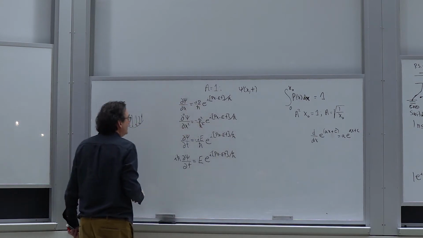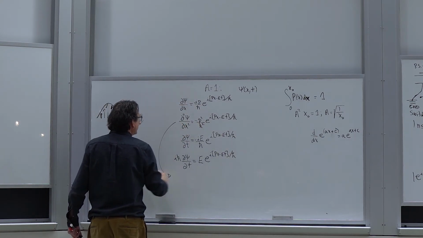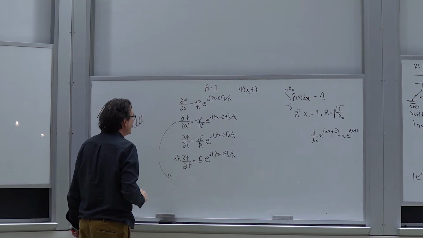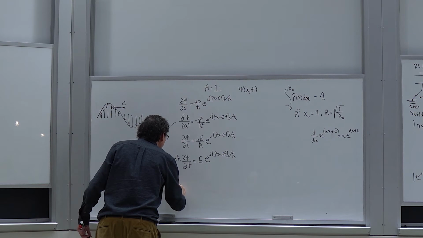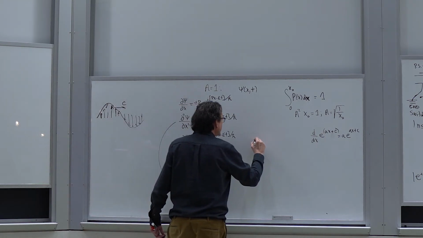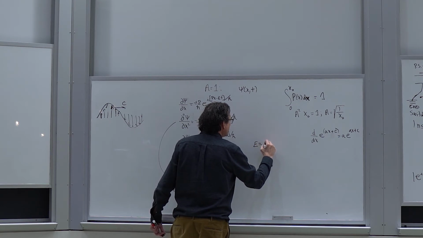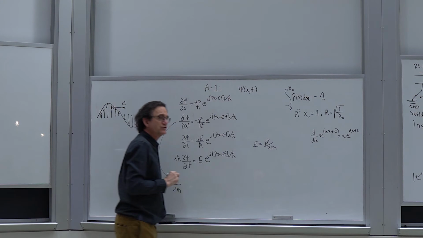Now, let's multiply the second derivative through by minus h bar squared over 2m. I'm trying to get a quantity that looks like p squared over 2m because I know that E is equal to p squared over 2m. That's the energy-momentum relationship for a particle.